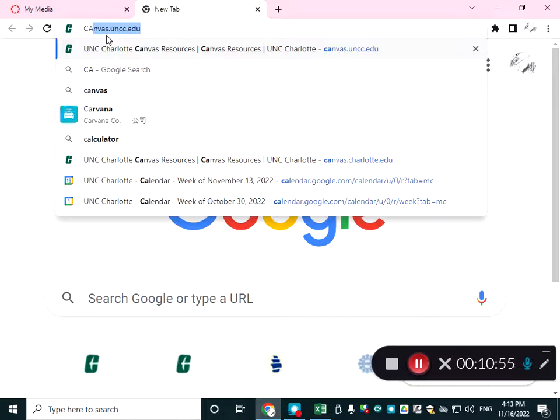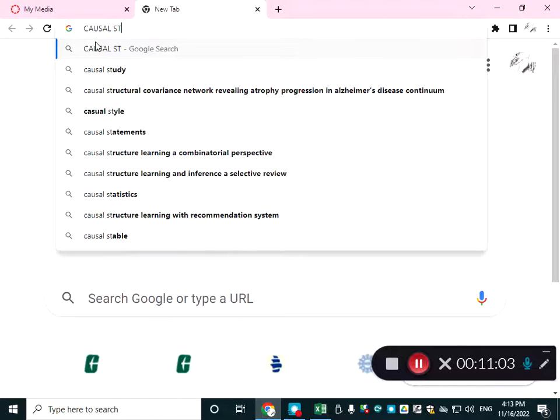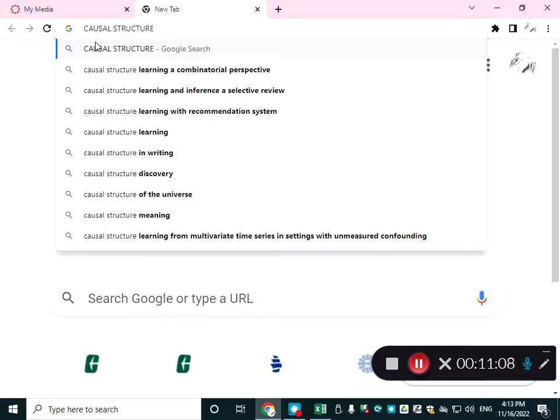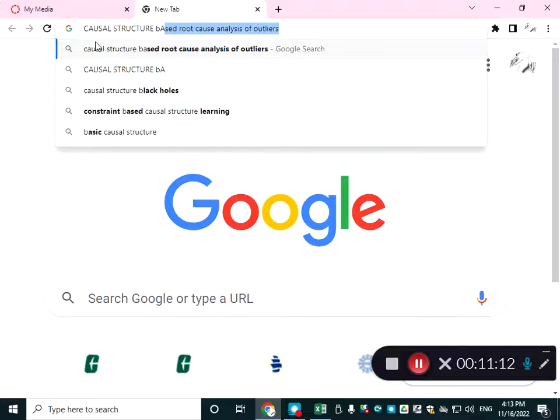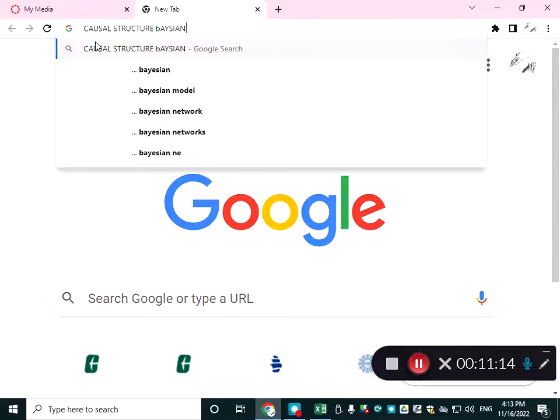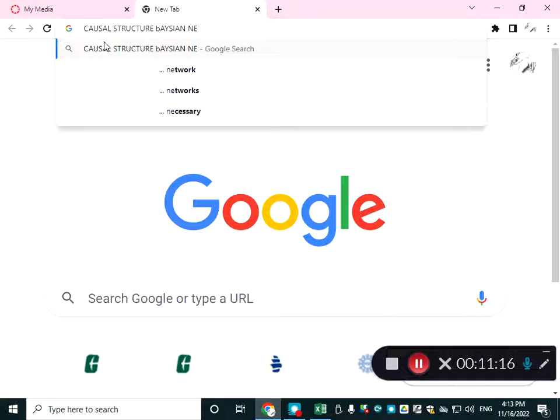Okay, and actually I don't like to say graph. I like to say causal structure. Okay, there's a causal structure. Bayesian network.